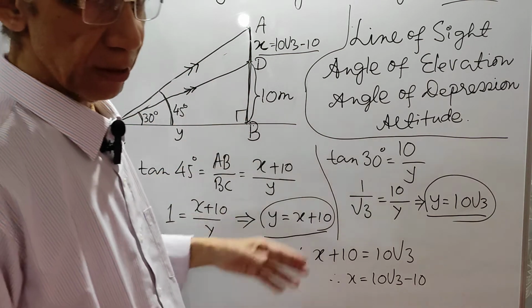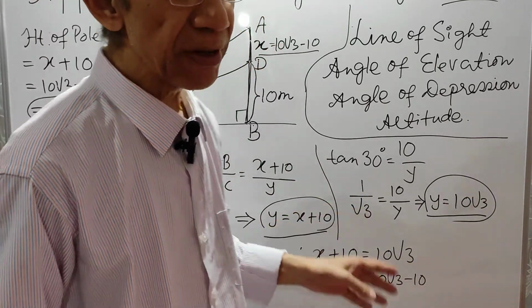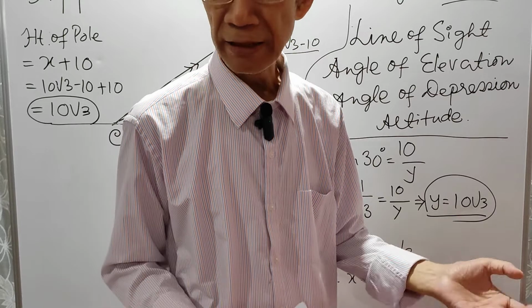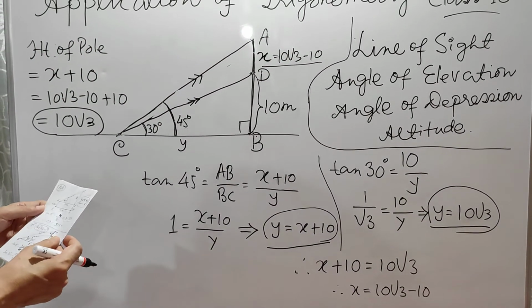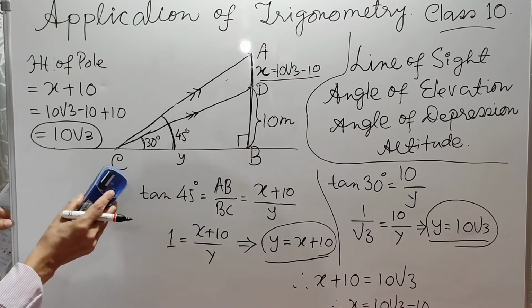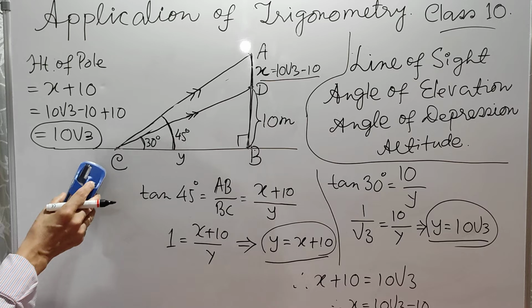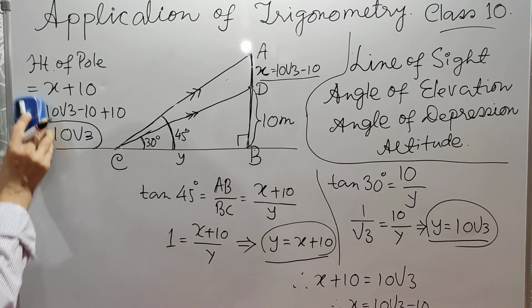All the diagrams I have shown today are different from one another. These are different types of sums which you find in exams. So the answer is 10 root 3 meter. The unit will be meter because this is given in meter.